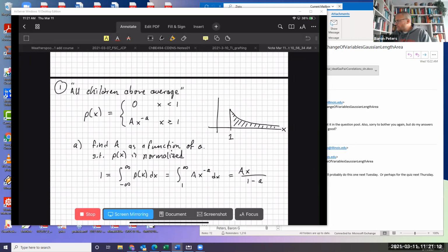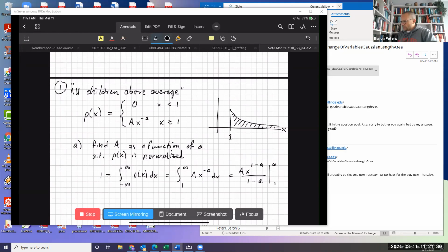So this should be x to the power 1 minus a. We just used the power rule for integration. We took our exponent, increased it by 1, and divided by the new exponent. And we have to evaluate this at infinity and at 1.